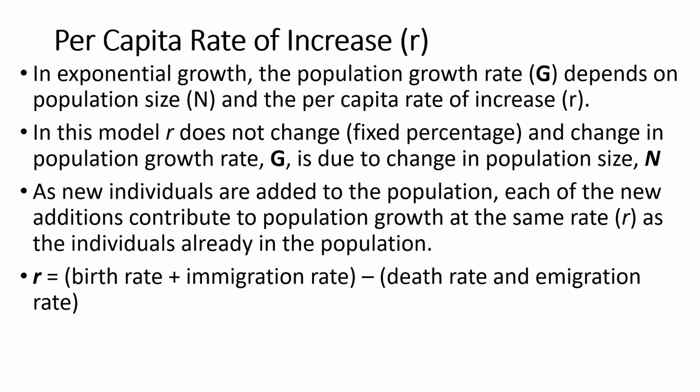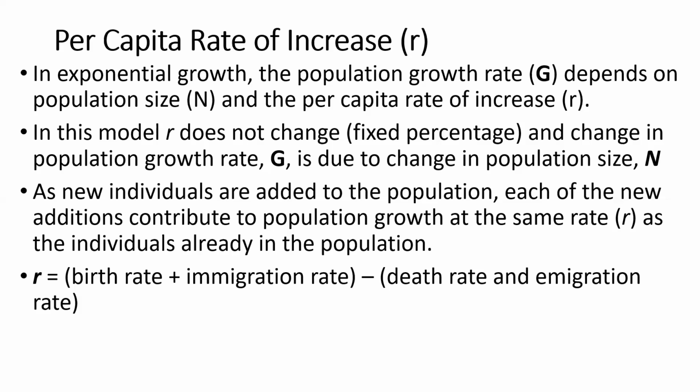As the individuals already in the population. So R equals the birth rate plus the immigration rate minus the death rate, and then plus the immigration rate. What immigration means is very simple and explicit.